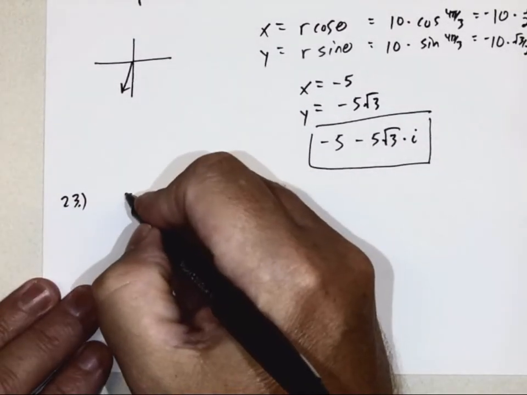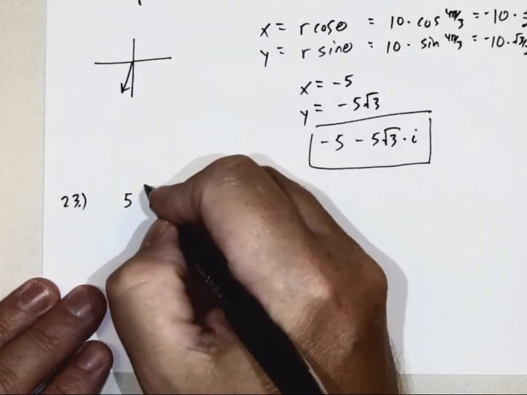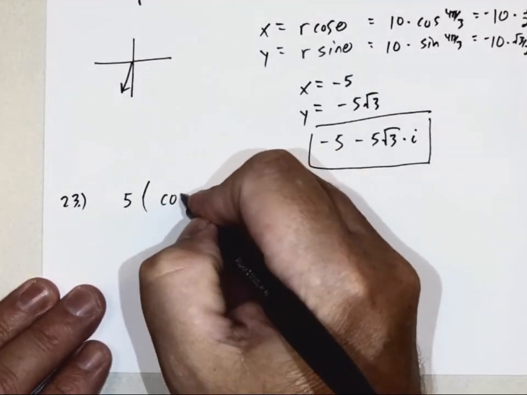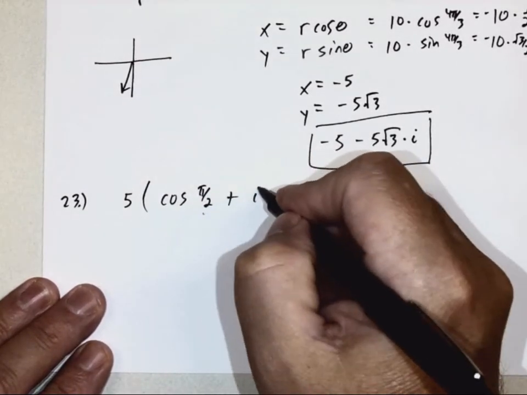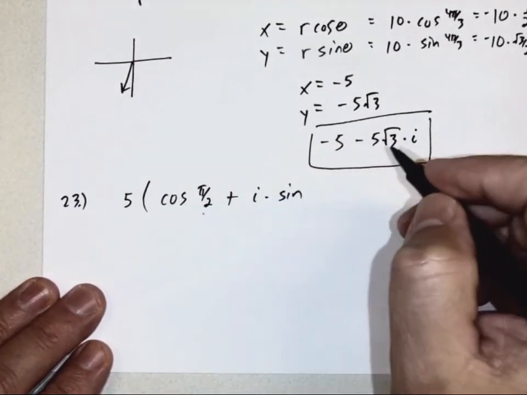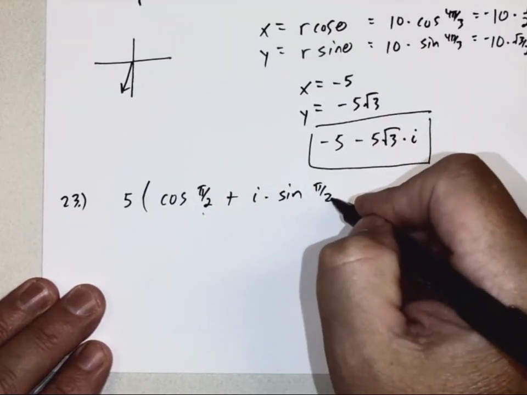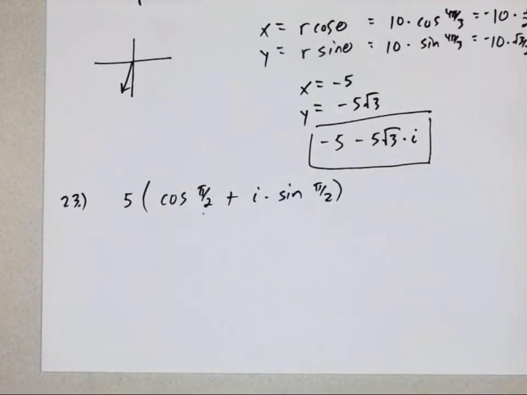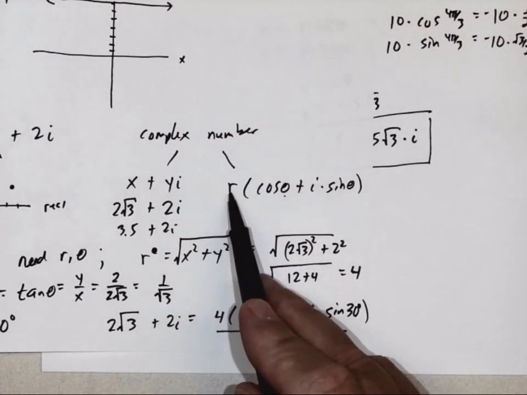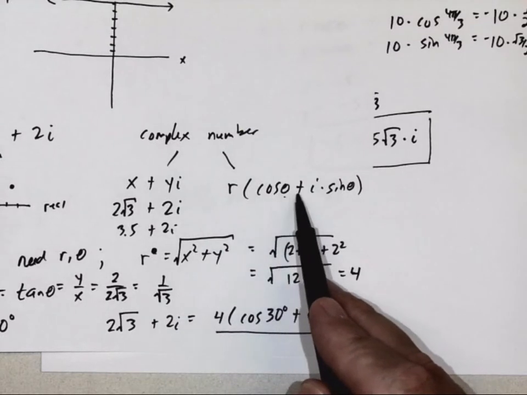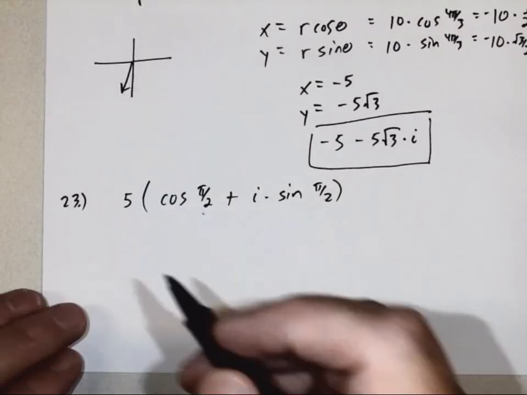So here's the complex number in polar coordinates. Once again, I go back into my notes where I wrote down, this is a complex number written in polar coordinates, right? R is out front, cosine theta plus i sine theta.